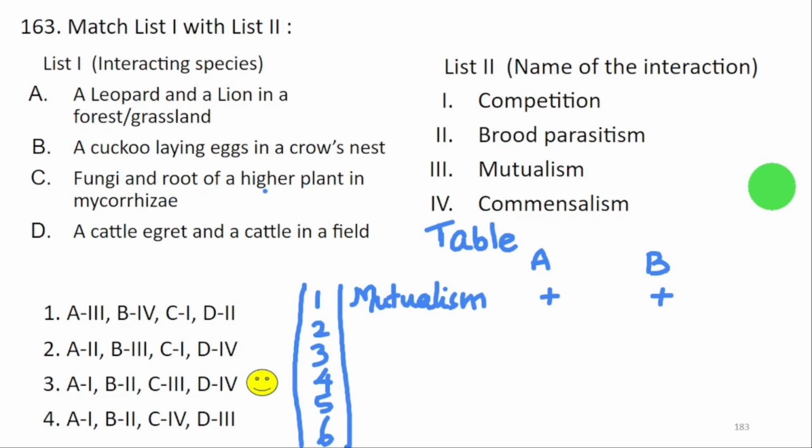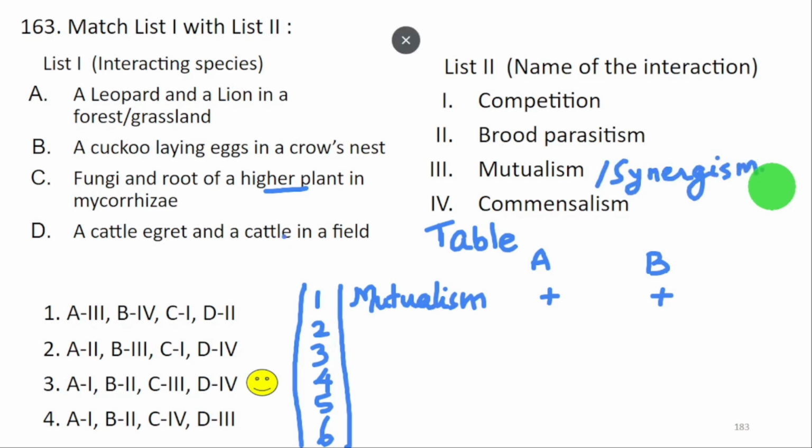So the higher plant is benefited because the fungi is going to absorb the minerals, and fungi is benefited because plant is going to provide fungi with the photosynthesized carbohydrates. So both are benefited, and this is called mutualism, mutually benefited. And this is also called as synergism, when both are benefited, although this term is not in the textbook.